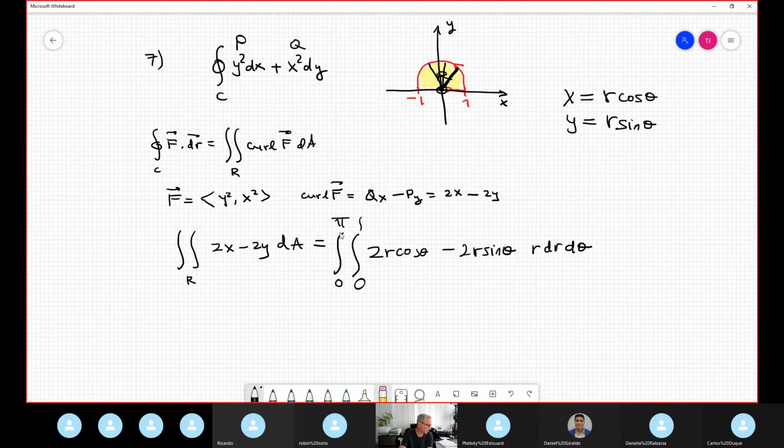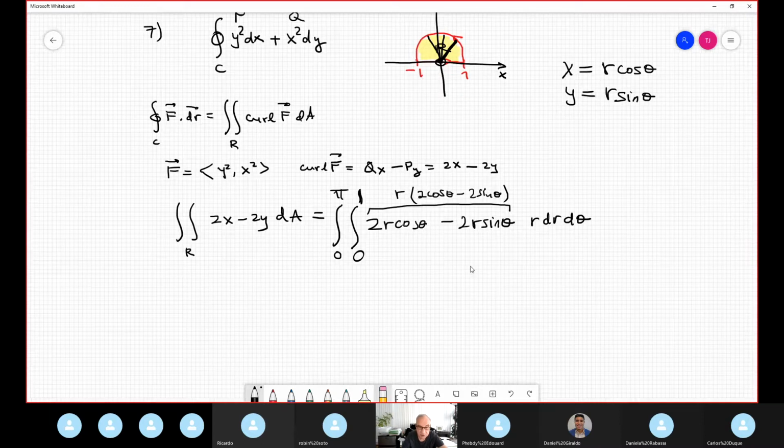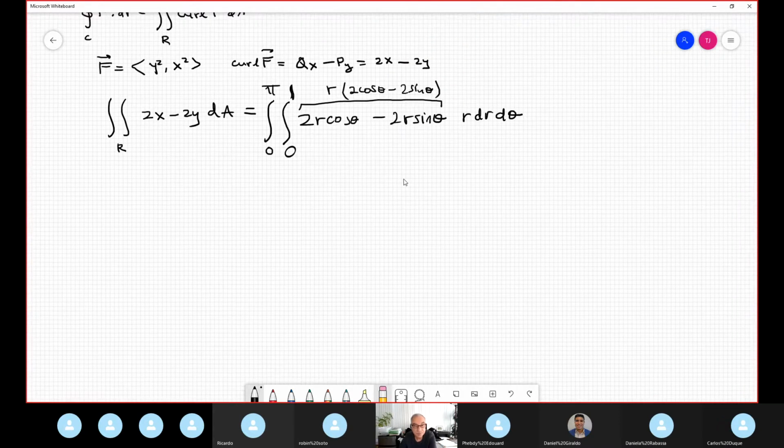Well, you can, for example, factor out r. We have 2 cosine theta minus 2 sine theta. In this case, the limits are constant numbers, no variables, and the integrand function is totally separable.